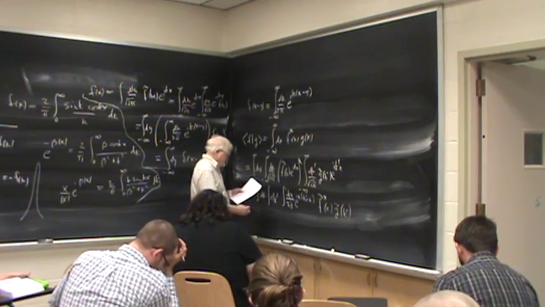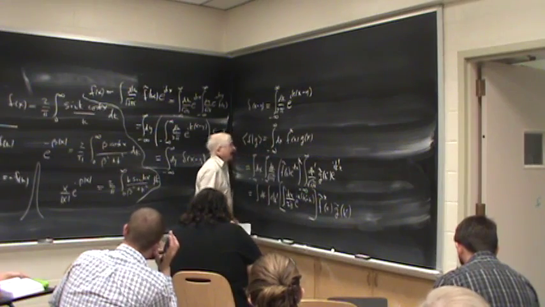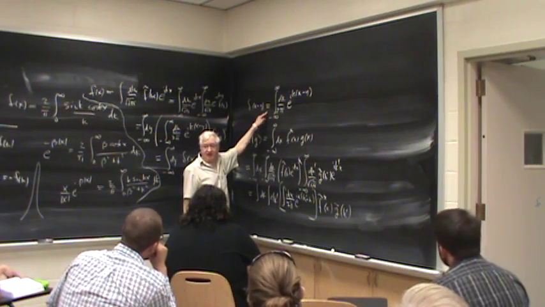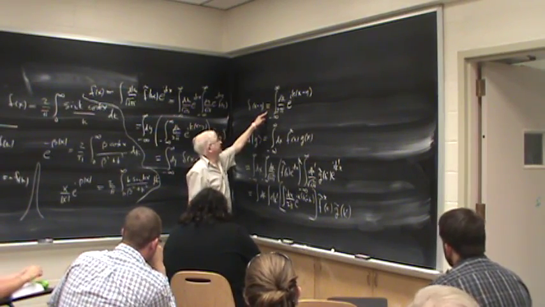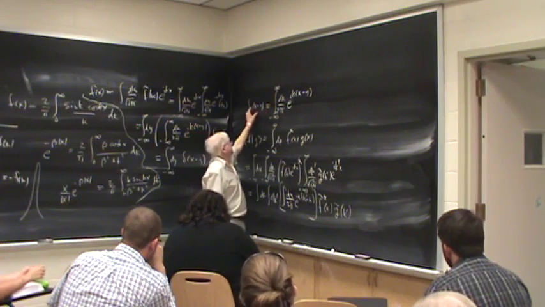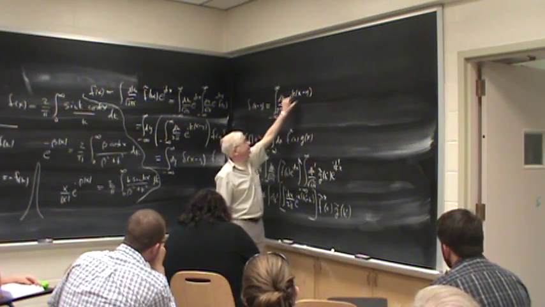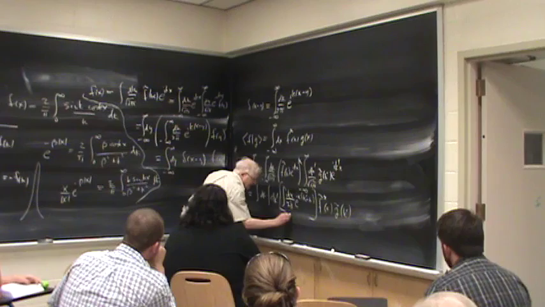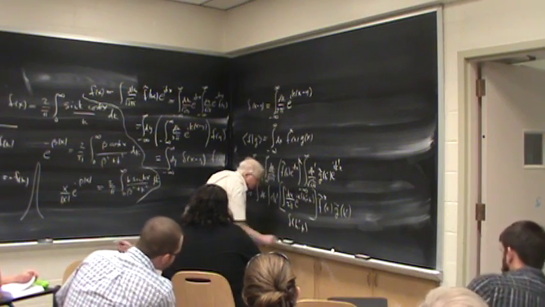On the other hand, we see that this thing here has the same form as that. It's just delta of k minus k prime. In other words, here we had x and y. See, x and y occur here and here. I'm saying that this is then delta of k prime minus k.